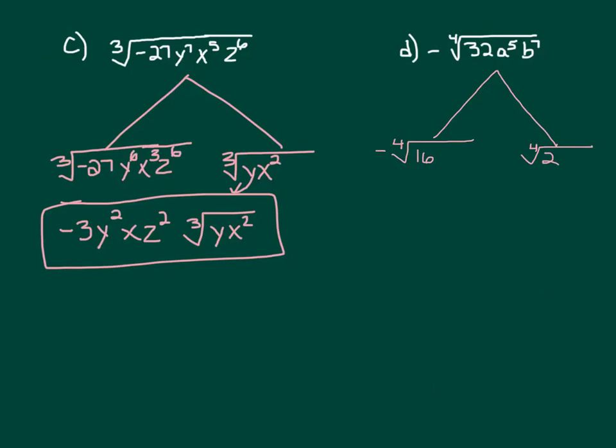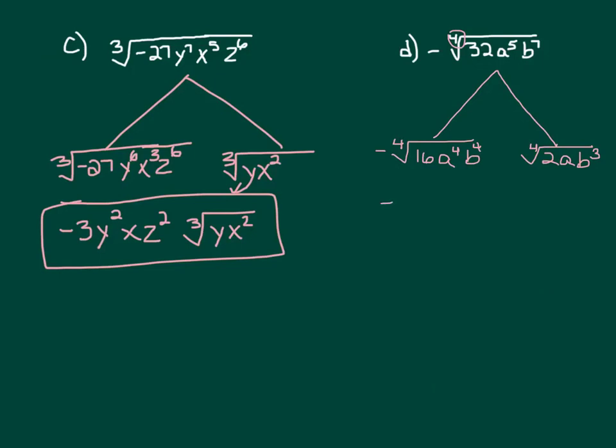So 16 times 2, and then a to the 5th. Remember, for your variables you need multiples of the index, so I need multiples of 4, so this would be a to the 4th, and then there's one a left over to make 5, and then b to the 4th, and then there's 3 more left over to make the 7.